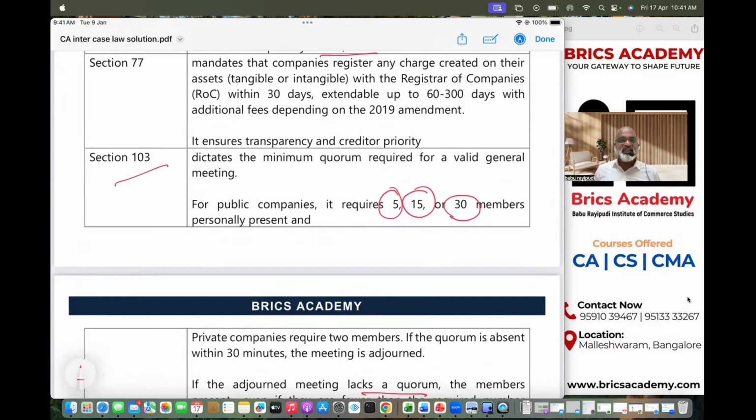In the adjourned meeting. So first of all, whenever you read a case law, you need to understand what the concepts are and which chapter is involved.